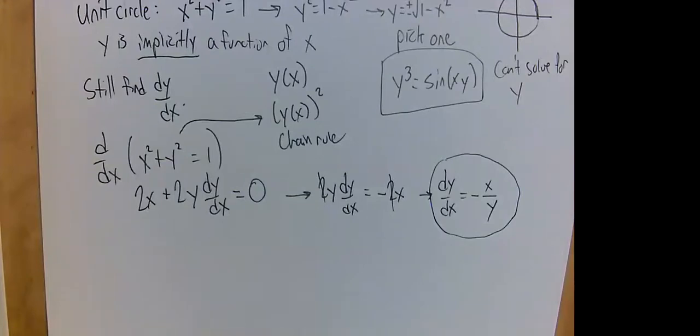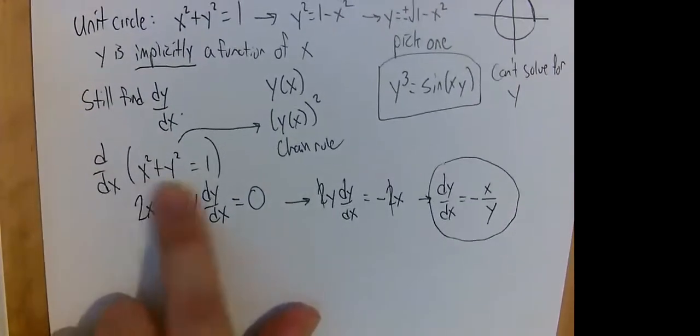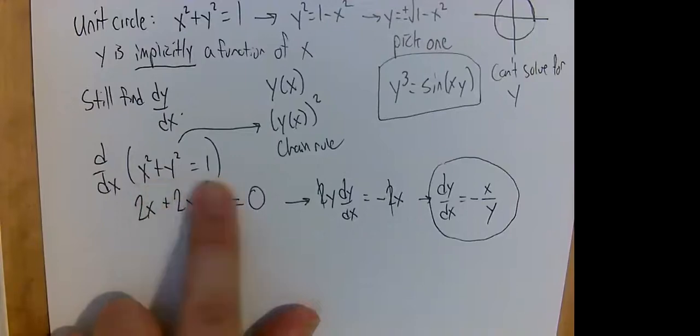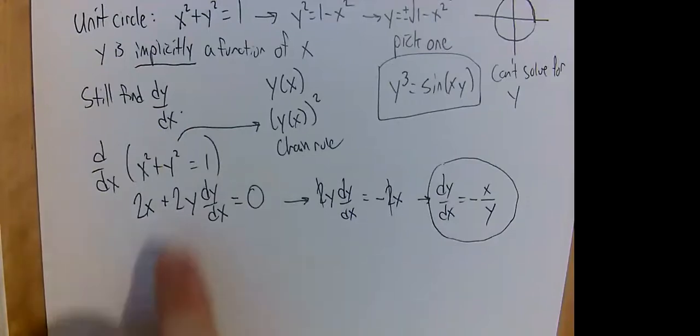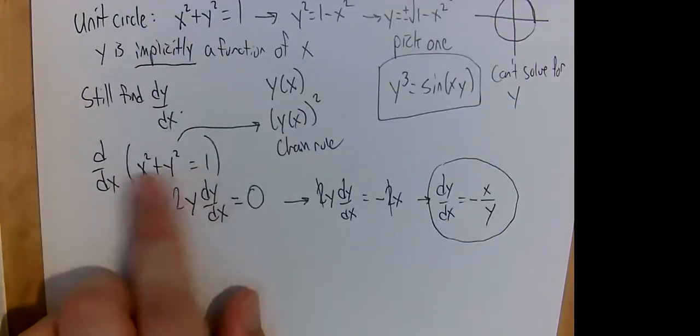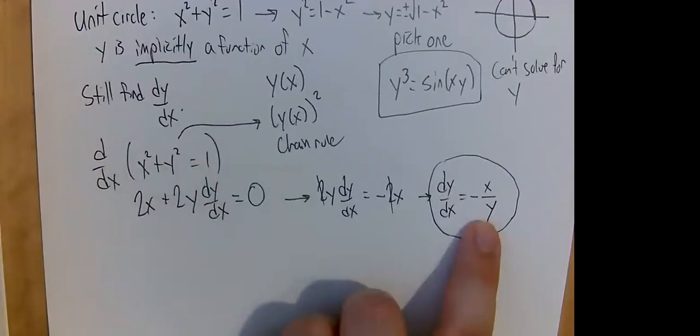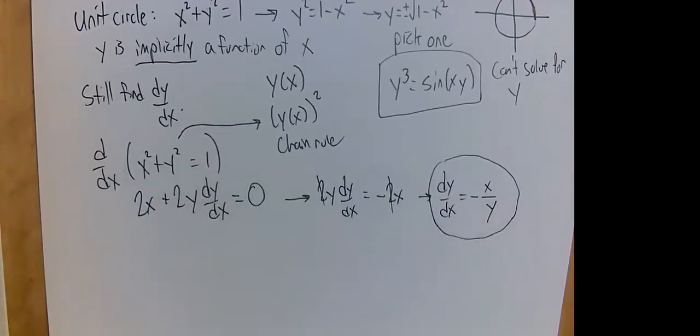Now, the cost of doing implicit differentiation, the derivative of an equation where y is mixed in with x, is that we may end up getting y's as part of our answer here. So we may have to have y mixed into the equation. But usually in the context where we have x and y mixed together, this isn't that bad of an outcome. So anyways, this is our dy/dx for this situation.